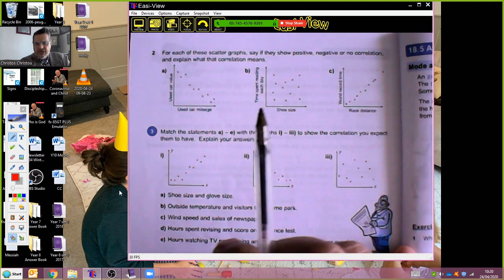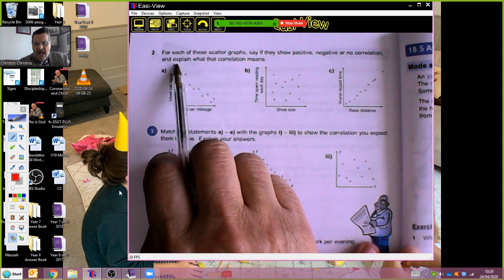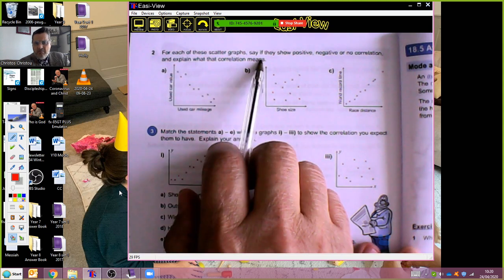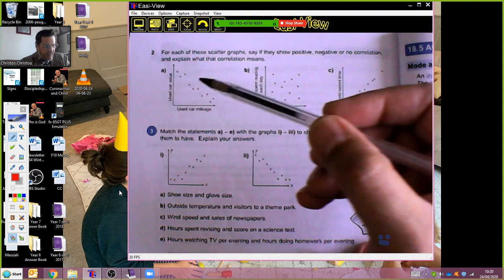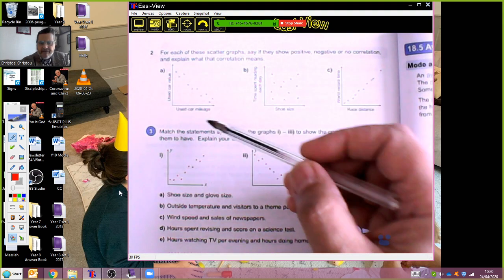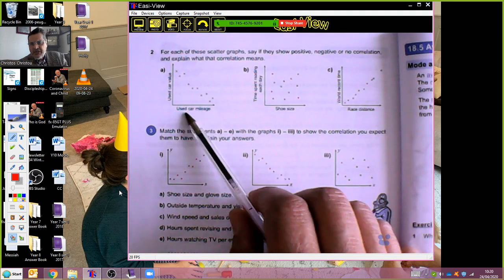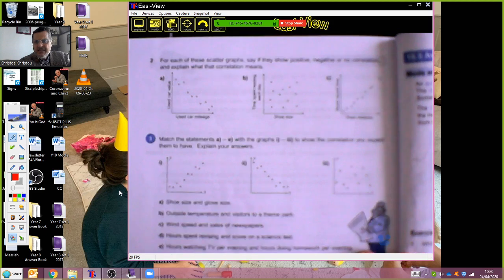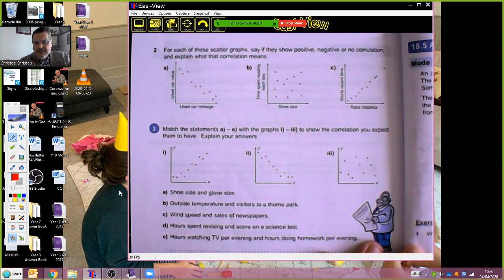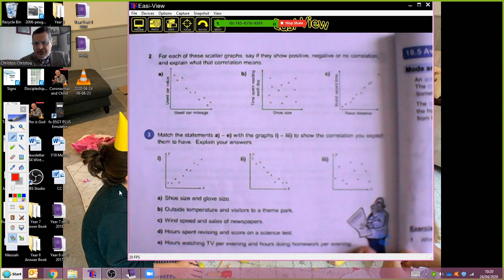I think that's you, was it? Explain what it means. That is a negative correlation. You all said that. Now this says used car value, and this says used car mileage. So someone explain using a sentence what that graph actually shows us.